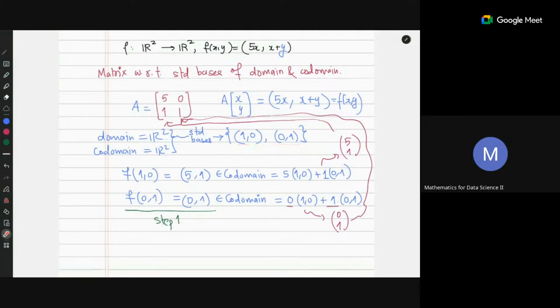So if I respect the order, in terms of 1, 0, the vector of the domain is 1, 0. That's the first vector. So its coefficient will correspond to the entries in the first column.